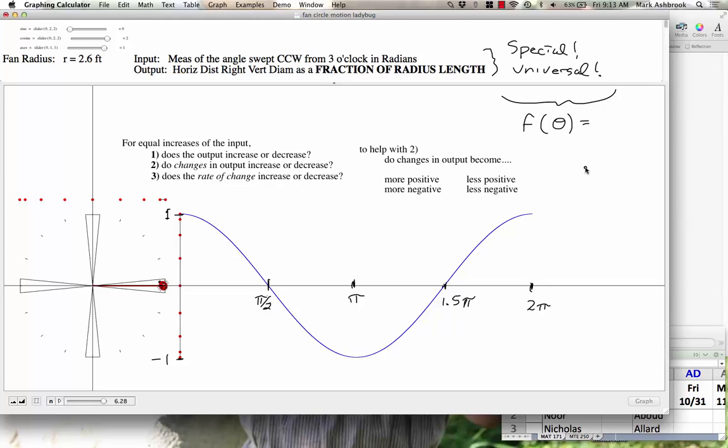The measure of the angle, okay? It's important because an angle is an object, like a hat or a table or a chair, or a runner or a bicycle, okay? The input is a quantity, and what's the quantity? The measure of the angle, okay? So theta is always the measure of the angle, and our output is horizontal distance right of the vertical diameter as a fraction of a radius length, and the name of that is cosine theta.